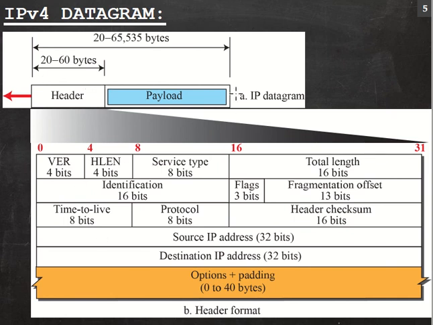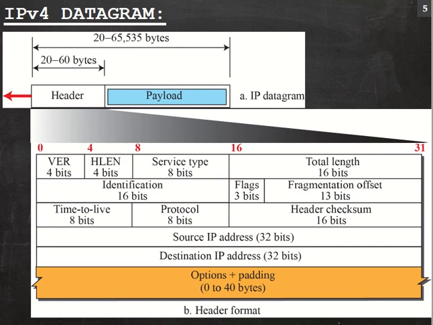And as I said, the next part is the payload. Payload is a packet which is coming from the other protocol that uses the service of IP. This is received from the upper layer, and that will be encapsulated at this network layer along with the header, and then the data will be forwarded to the destination.